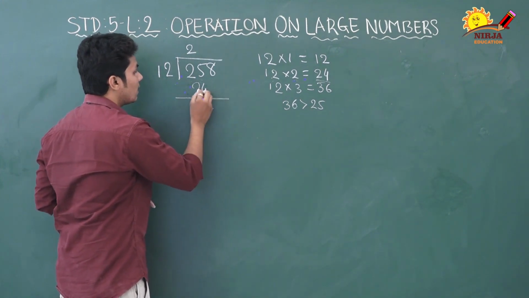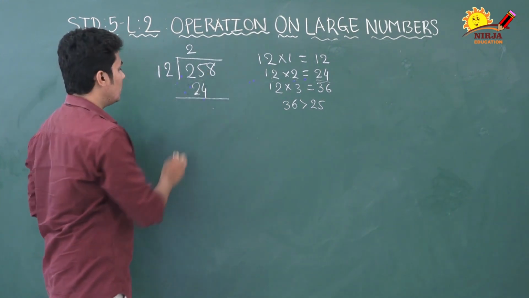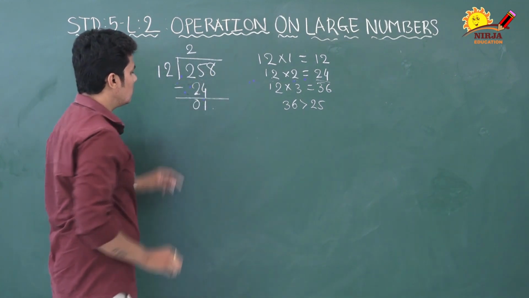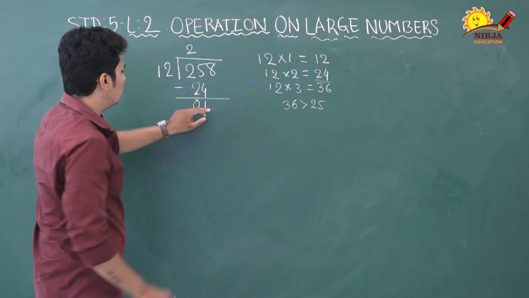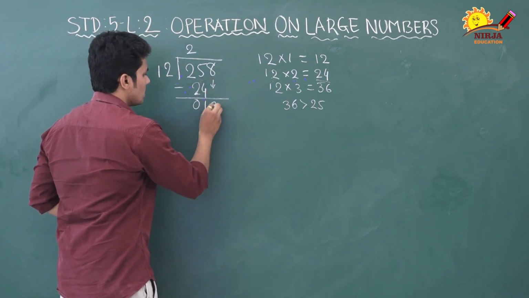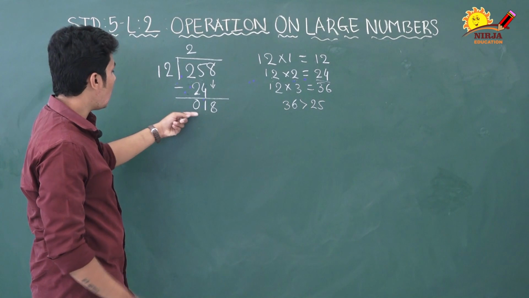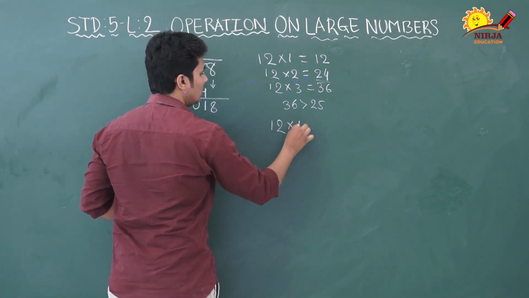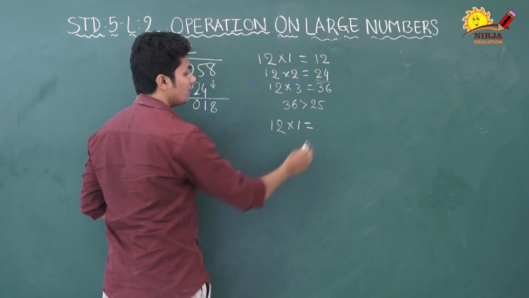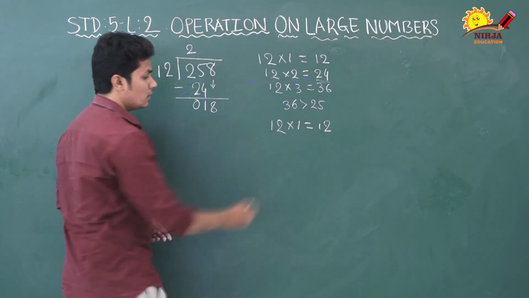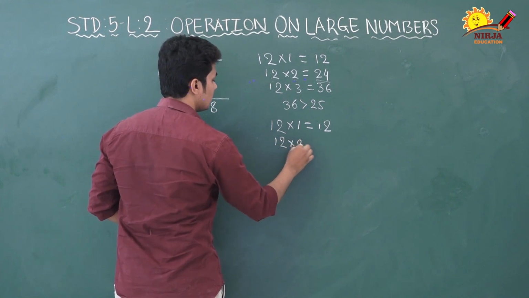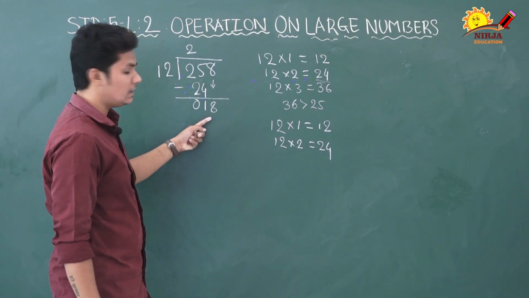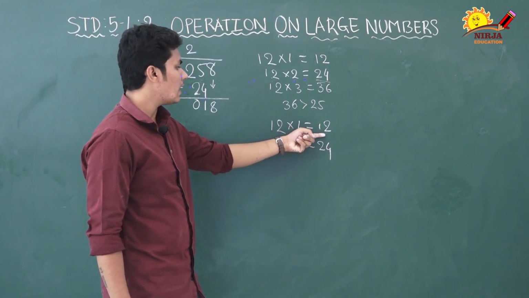Now let's subtract 24 from 25, so we get 1. Now let's bring down 8 here. Now let's find out how many times 12 is in 18. So 1 time 12, or 12 multiplied by 1, is 12. 2 times 12 is 24. Now 24 is greater than 18, so we cannot write it, so we will write 12.